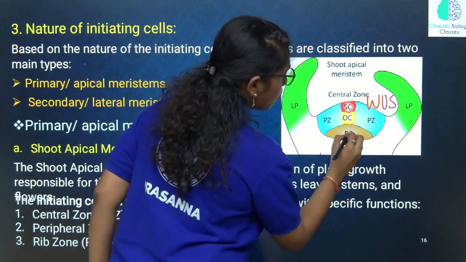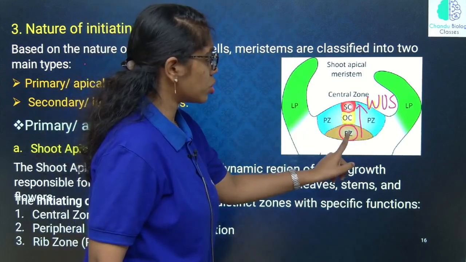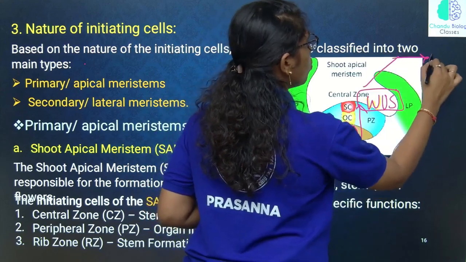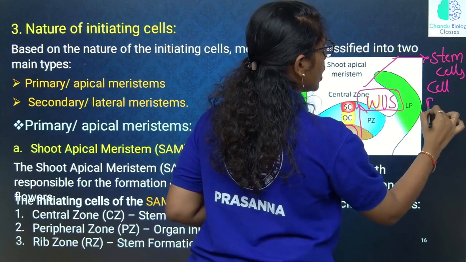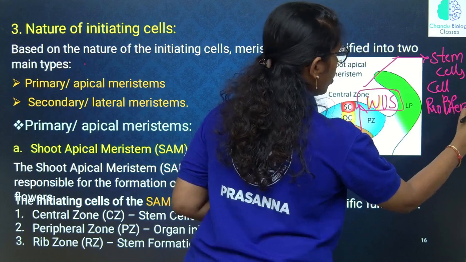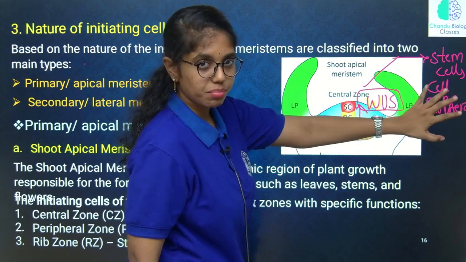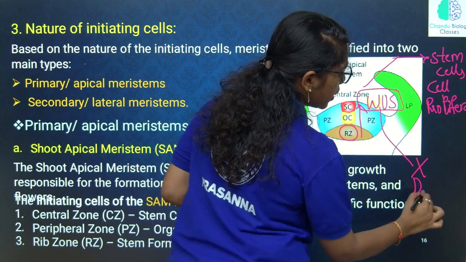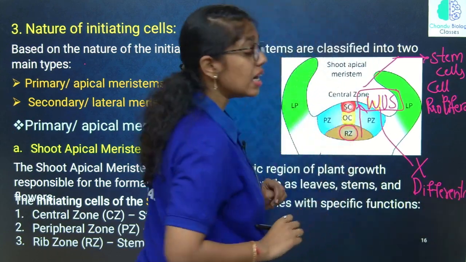These genes travel to the central zone, and their only activity is to promote stem cell formation or cell proliferation. Their only function is stem cell growth and proliferation, and they strictly prohibit differentiation of the cells in the central zone.